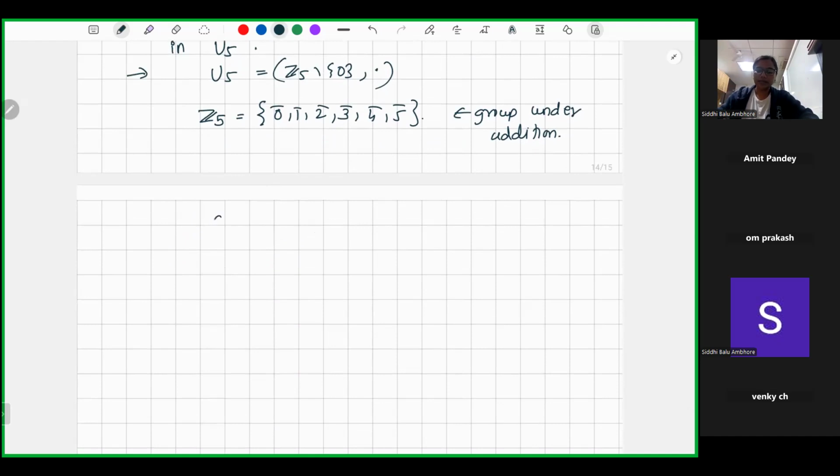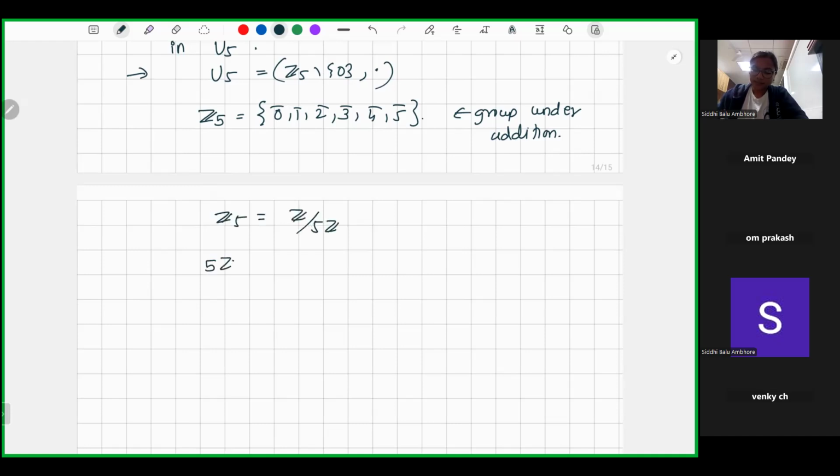If I take 3 bar plus 5 bar, it is 8 bar, but I want to check it in Z5. So Z5 is equal to Z mod 5Z.